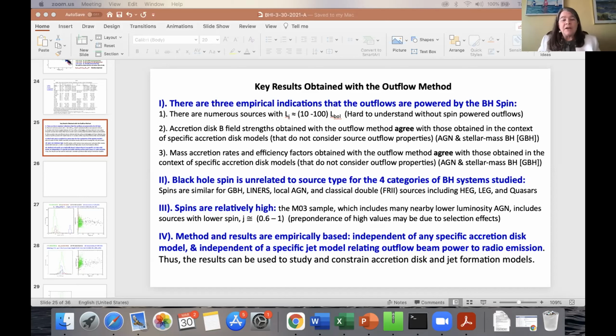So up to 30% of the dynamical mass can be contributed by the black hole spin. Or another way to look at it is if you write the total black hole mass in terms of the irreducible mass, you can increase the black hole mass by 40% by including the black hole spin.